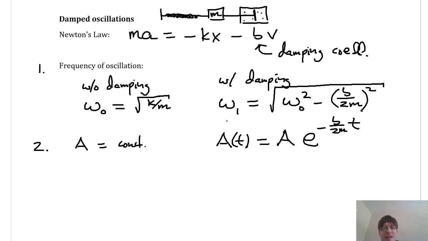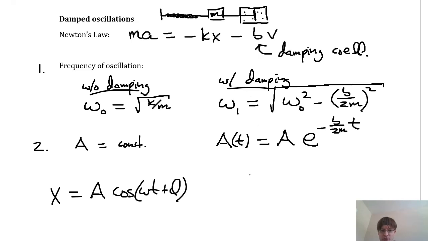So those are two main effects, and we can put both ingredients together to describe the motion when there's damping present. Now x of t, well, let me put down without damping. Without damping, we know that x of t is given by A cos omega t with a phase angle in there that describes the initial conditions.